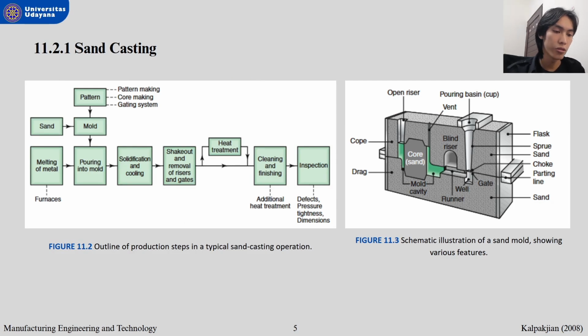Figure 11.2 illustrates the entire sand casting sequence, and 11.3 shows the internal structure of a sand mold and how the molten metal flows inside it.